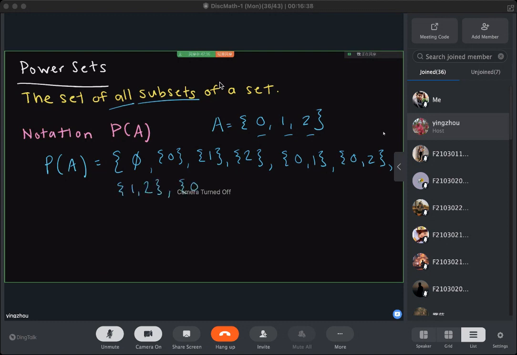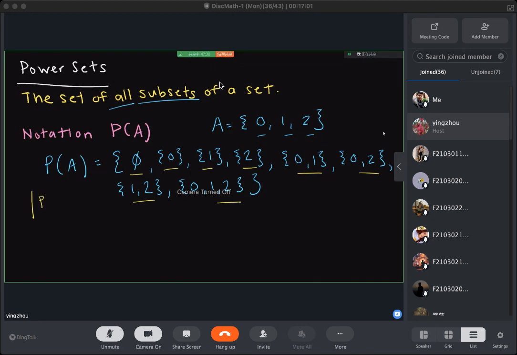Or I could have three of those elements, 0, 1, 2. Now keep in mind, because order doesn't matter, I wouldn't have to write 0, 1 and 1, 0 because those are the same set. So how many elements does the power set have? 1, 2, 3, 4, 5, 6, 7, 8.